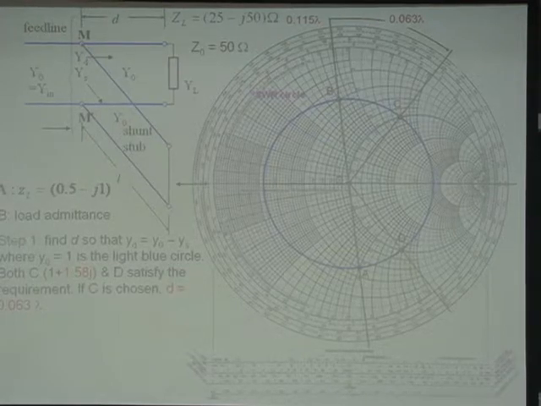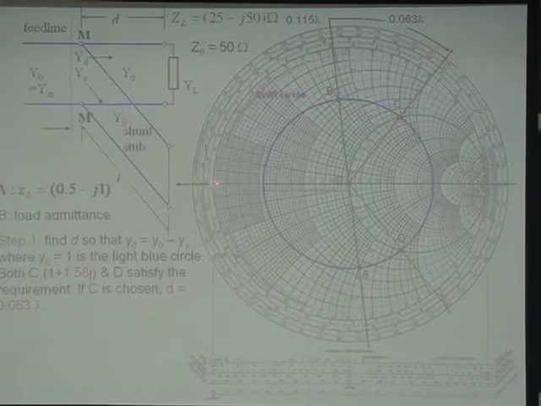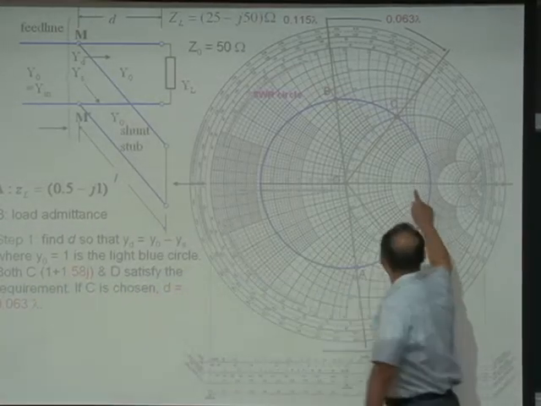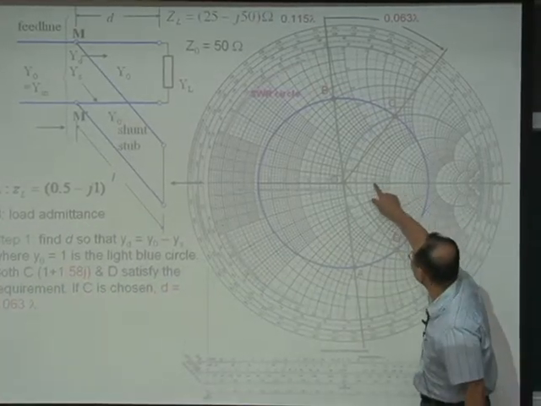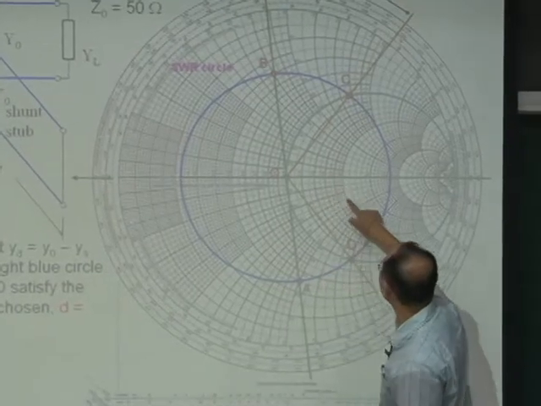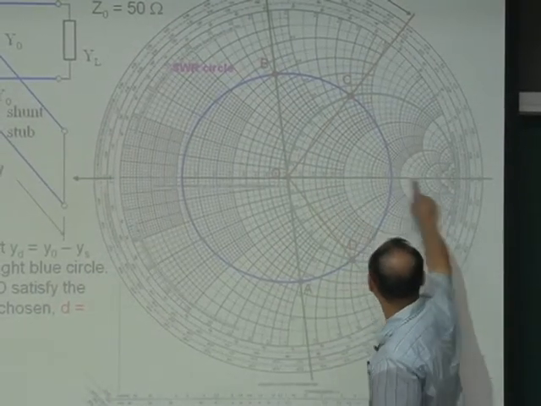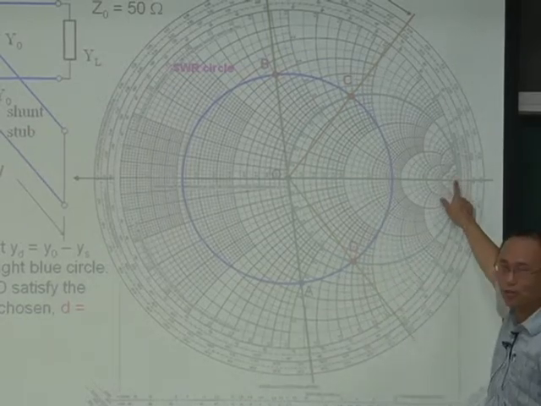For open circuit, your RL is infinite. It's this point. And for short circuit, your RL is this circle. If you look carefully, from here RL gets larger and larger toward the open circuit.